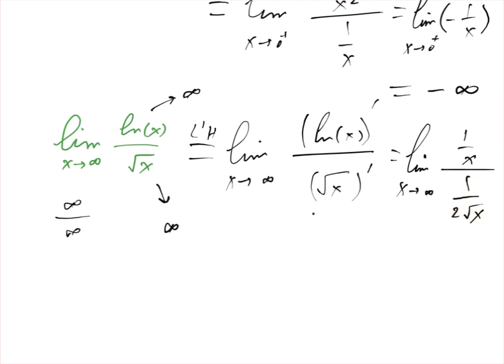The derivative of square root of x is 1 over 2 square root of x. And when you simplify this, multiplying both numerator and denominator by 2 times the square root of x, you get 2 times square root of x over x, and that ratio would be 2 over square root of x. As x tends to infinity, square root of x tends to infinity, 2 over infinity would tend to 0, right? Because the denominator is getting bigger and bigger.